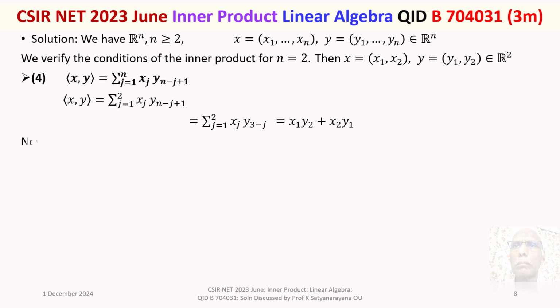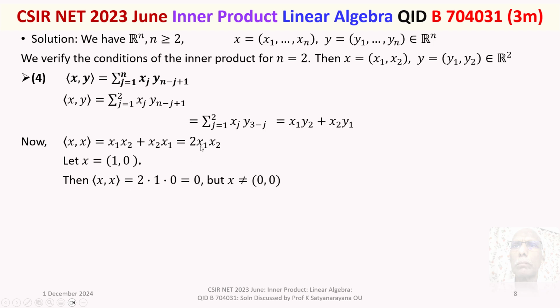Agreed. So now the ordered pair x comma x is equal to x1 x2 plus x2 x1, that is 2 x1 x2. Now let x is equal to 1 comma 0. If you substitute, then x comma x is equal to 2 times x1 is 1, x2 is 0, so it is 0.